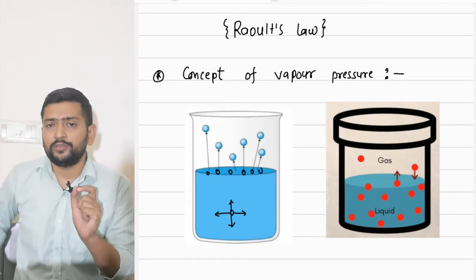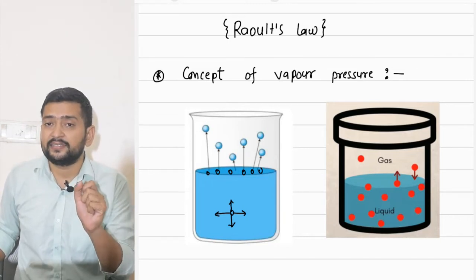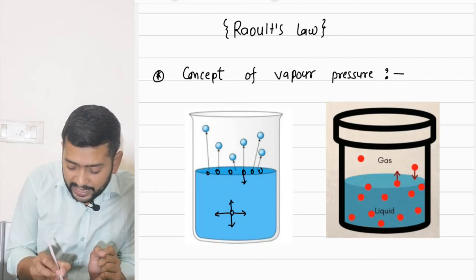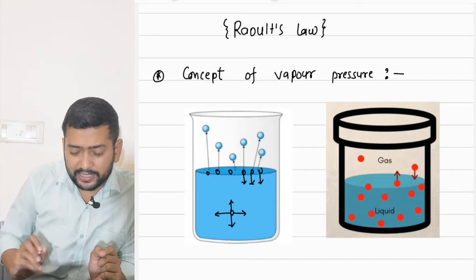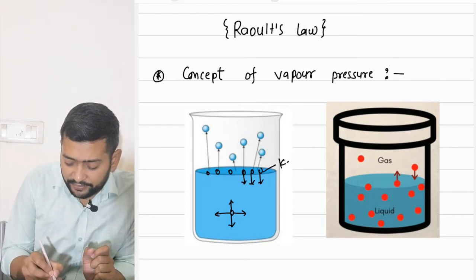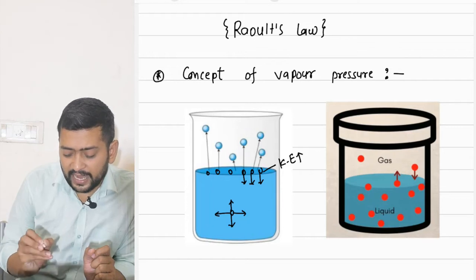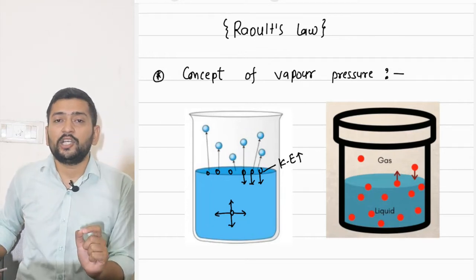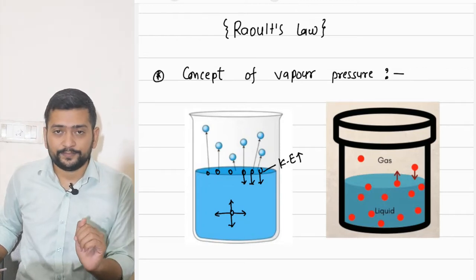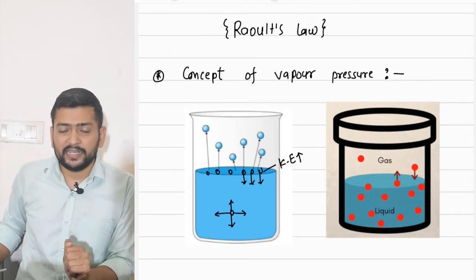But the molecules present at the surface of the liquid experience force of attraction in the downward direction only. So this means that the kinetic energy of the surface molecules is high, and the kinetic energy of bulk molecules is low, right? I hope this is clear to you.